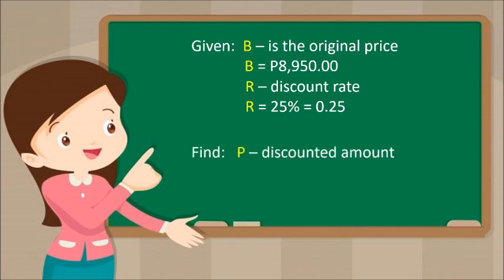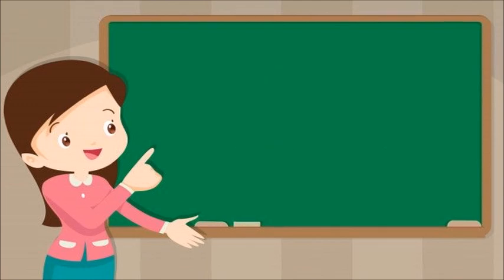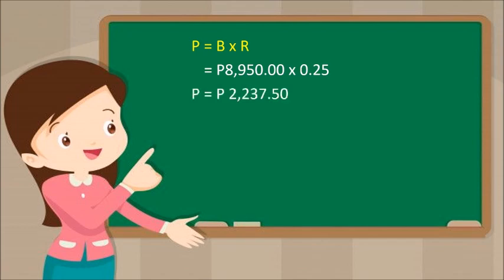P is the discounted amount, so we can solve for P. P is B times R, where B is 8,950 times R, which is 0.25. Therefore, P is equal to 2,237.50. Okay, so that's the discount price.